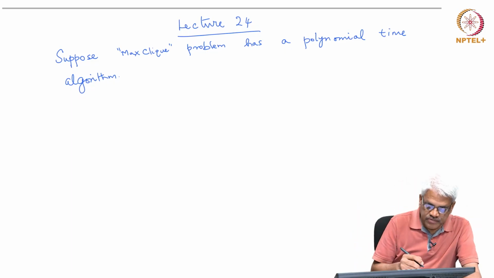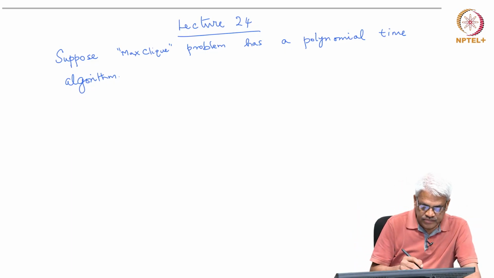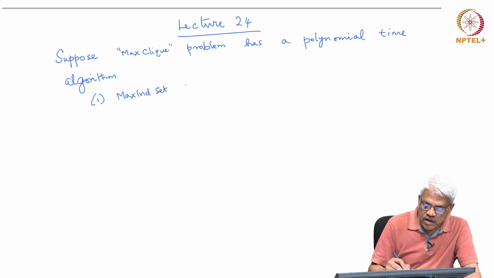I am going to show a couple of consequences. One is that the max independent set problem has a polynomial time algorithm.